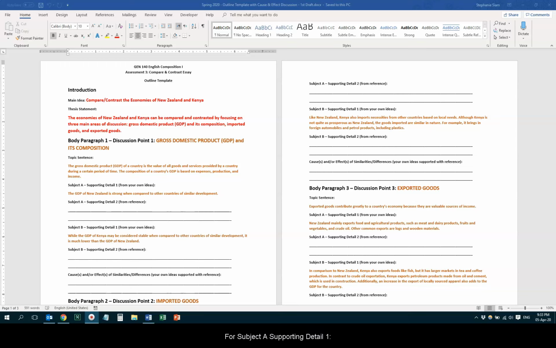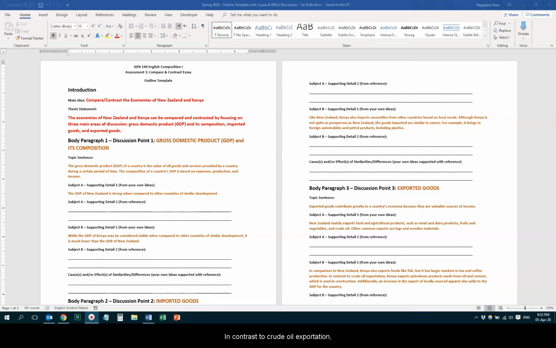For subject A, supporting detail 1, New Zealand mainly exports food and agricultural products such as meat and dairy products, fruits and vegetables, and crude oil. Other common exports are logs and wooden materials. Then for subject B, in comparison to New Zealand, Kenya also exports foods like fish, but it has larger markets in tea and coffee production.